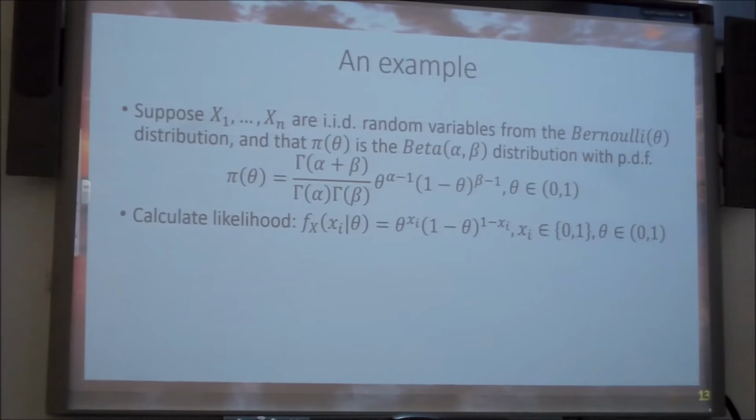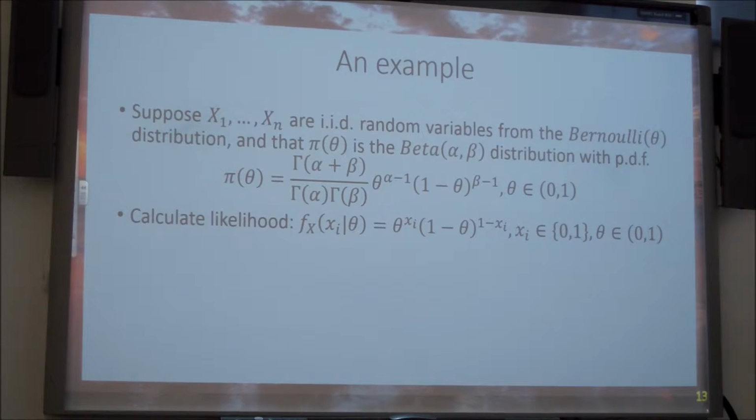So if we're trying to find the probability mass function for the Bernoulli distribution, we want something that will be theta when xi is 1, and 1 minus theta when xi is 0. And if you look at the function there, you should be able to see that if we evaluate that at 0, we get 1 minus theta, and if we evaluate it at 1, we get theta.